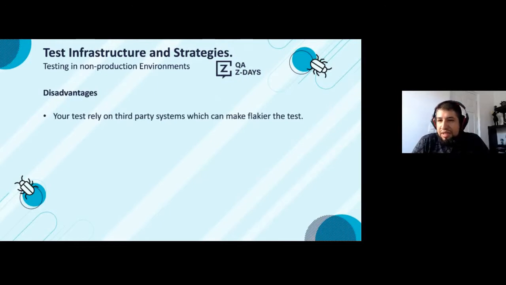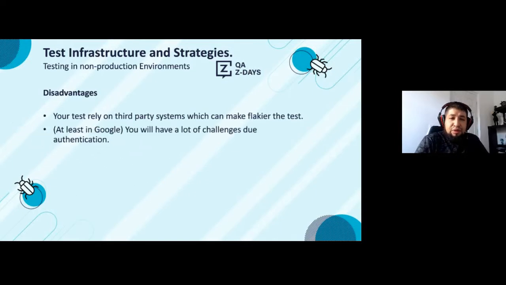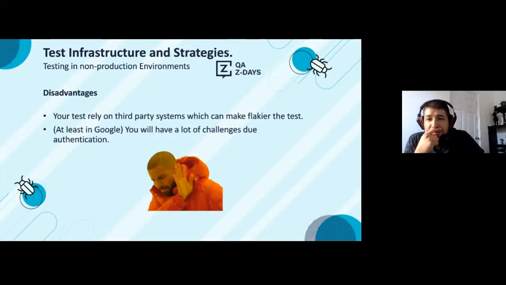This means that the test can be flakier or non-deterministic. Another problem is that you will have a lot of challenges, at least in Google, with authentication.